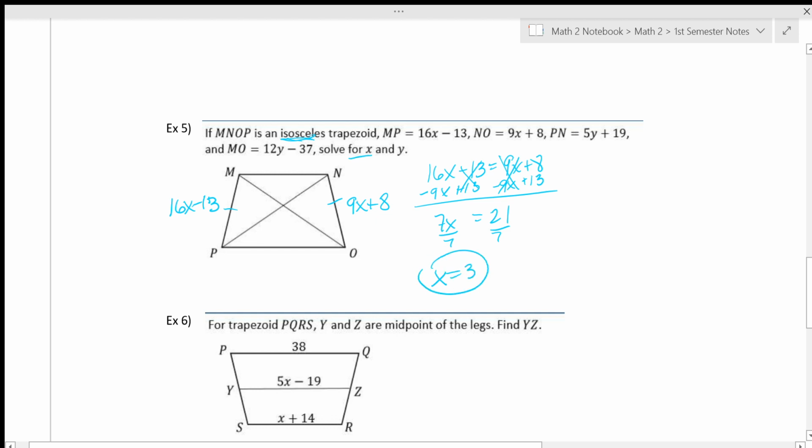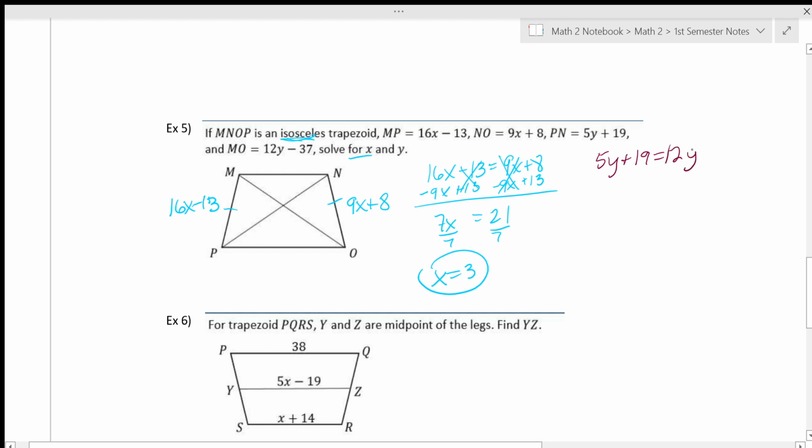They also asked me to solve for y. In an isosceles trapezoid, we also know that the diagonals are congruent. That's a property that it shares with rectangles. So PN is one of its diagonals, and that is going to be congruent to the other diagonal, MO.